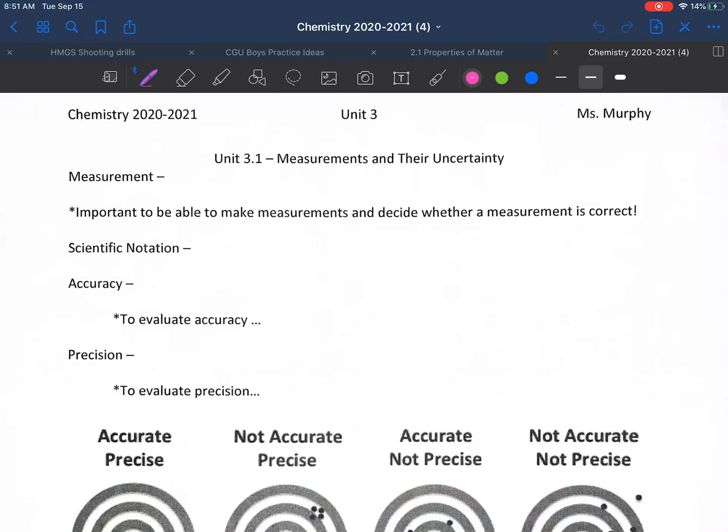Hi class, we are going to be learning Unit 3.1 today, and that is about measurements and their uncertainty. So, starting off, we're going to define what a measurement is.